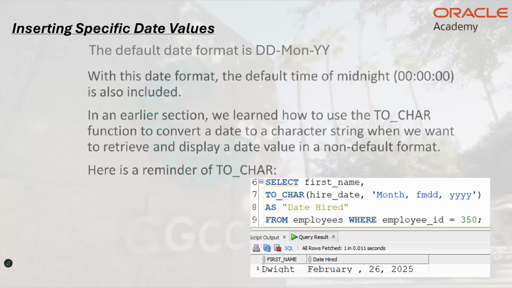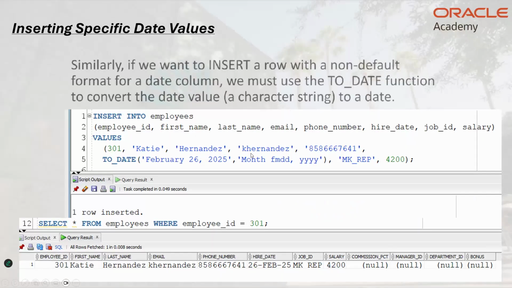However, it's best practice, especially with dates, to stick with the default date format. You get fewer issues. Selecting data is one thing, inserting data is another. That's what I want to illustrate. Please stick with the default date value. This will give you fewer issues.